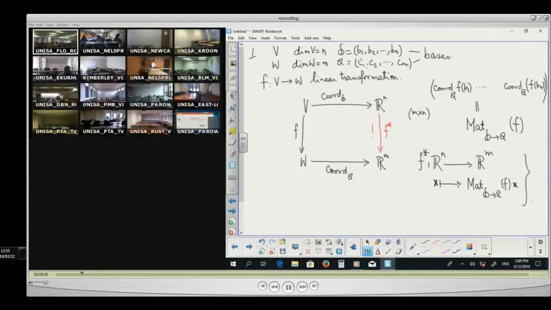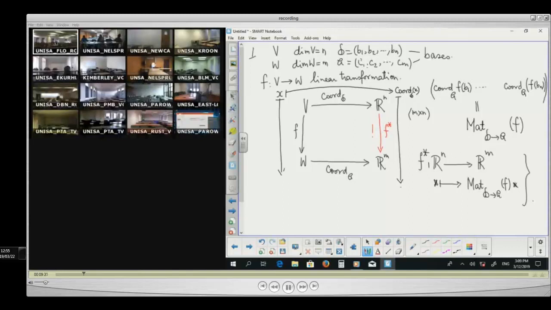Okay? So, what is it saying? This diagram, this picture is very, very nice. It says if you start off with an X over here, you take its coordinates and if you apply F star over here, what is the result? There's another way to evaluate it.